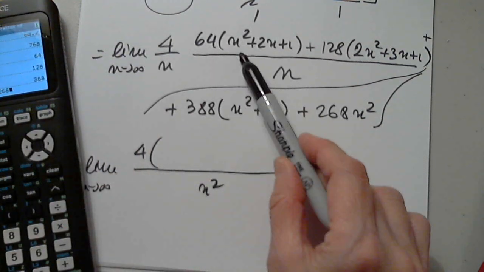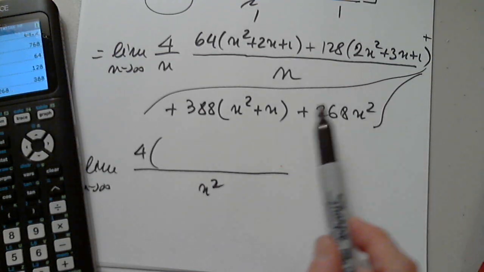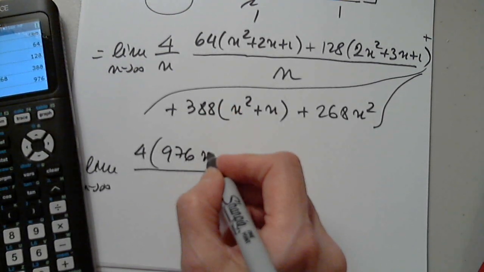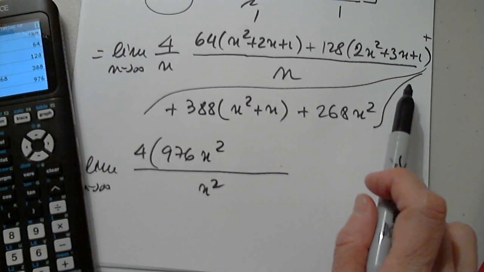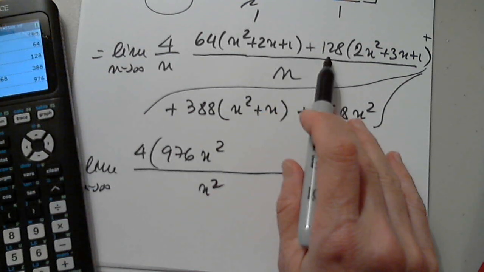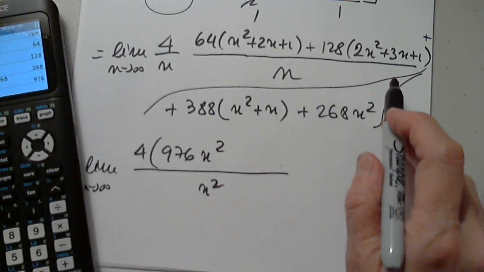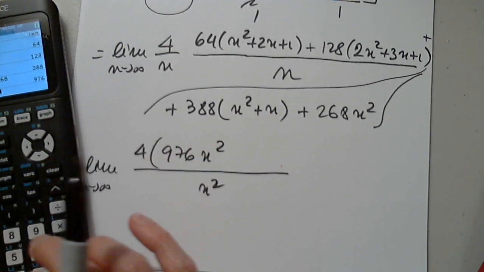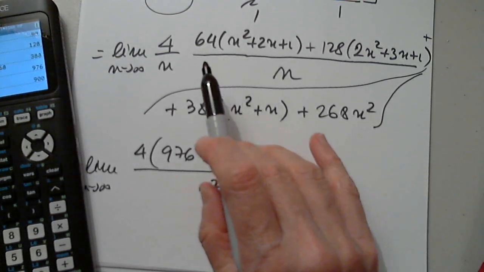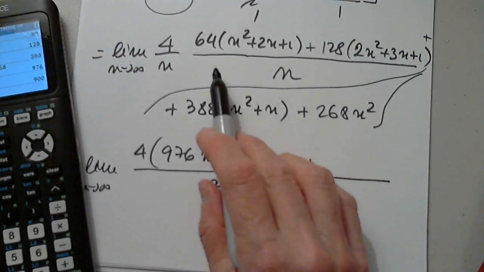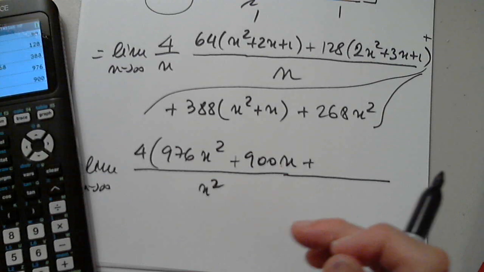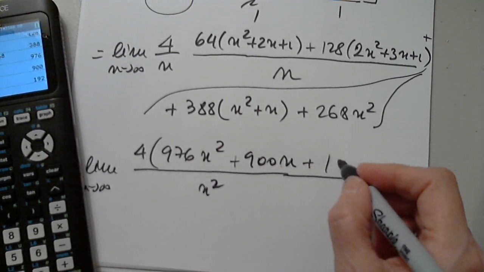So I had a 64, I had 128 times 2, I had 388, and I had 268. Okay, so 976 n squared. Now I'm collecting the terms with n. So 64 times 2, 128, plus 128 times 3, plus 388. These are all the terms with n, plus 900n. And now finally the free term. So I have a 64, I have a 128, and that's it. 192.